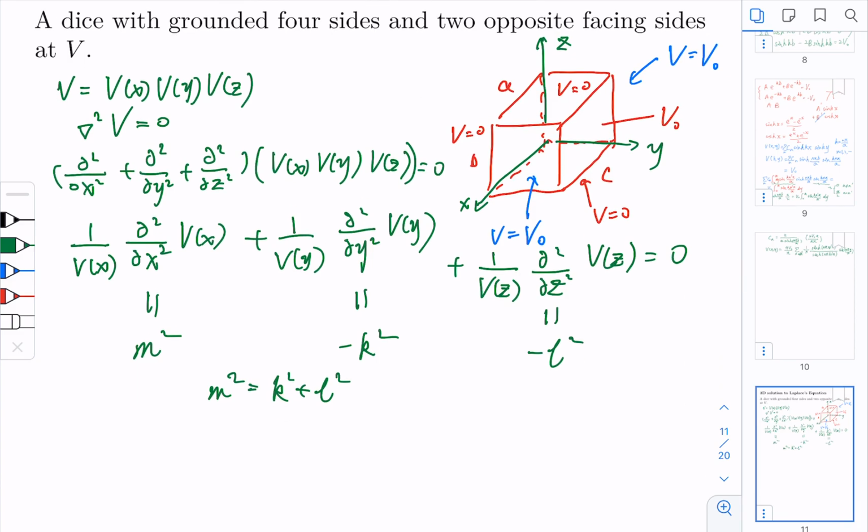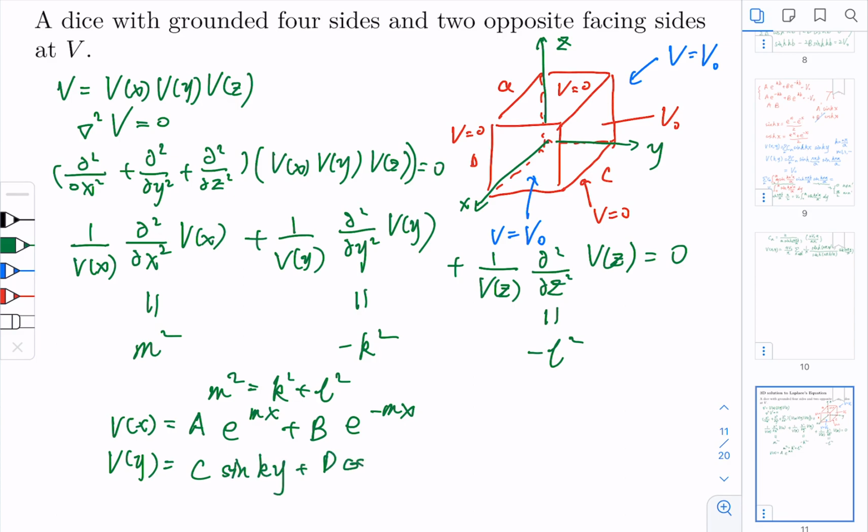Now this means that V of x can be expressed as an exponential, V of y should be a sine function, and V of z should again be a sine function.